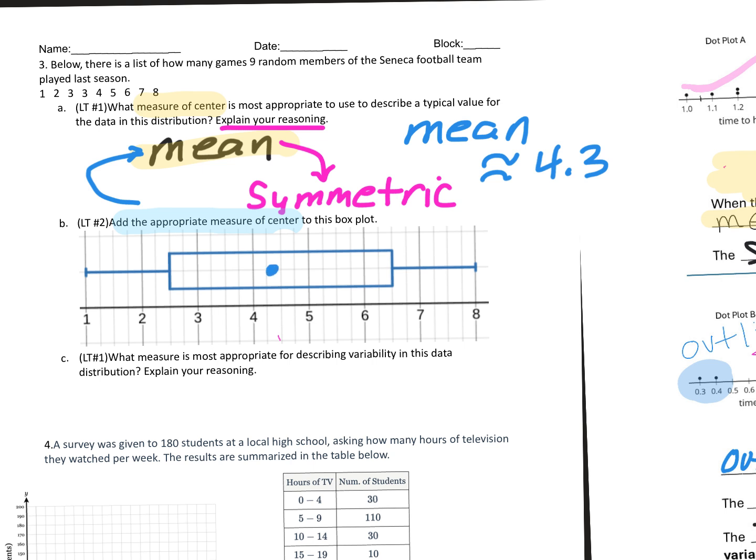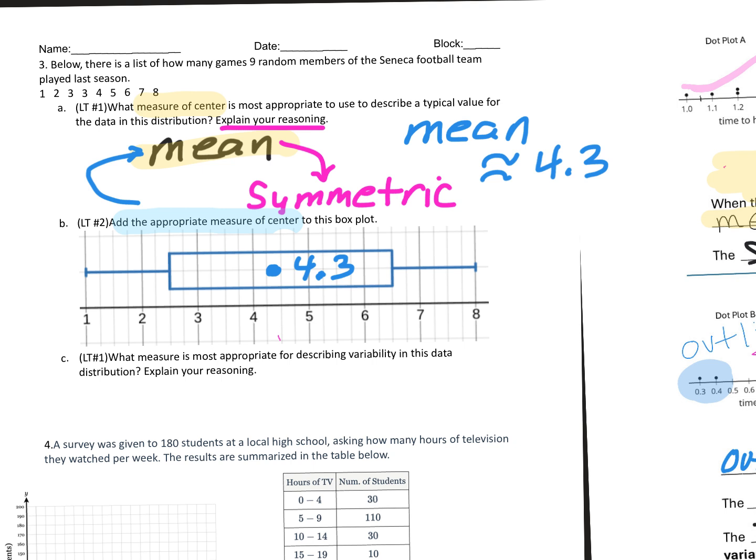Just put a data point right here and label it as 4.3. Because if you put a line in the box plot, the line in the box plot would be the median, which is not the most appropriate measure of center. So just label the mean.